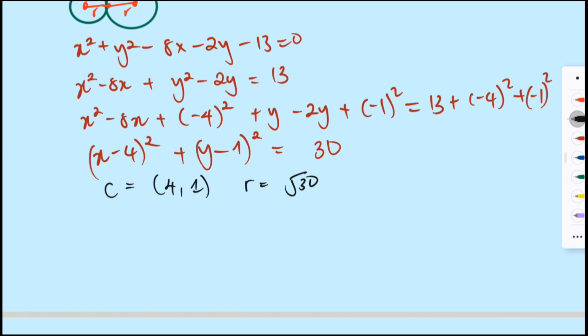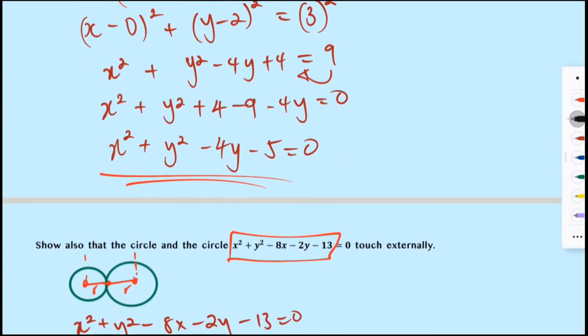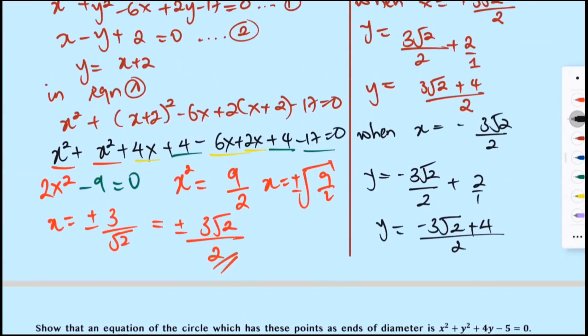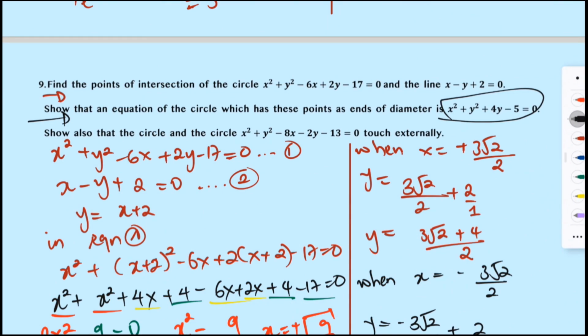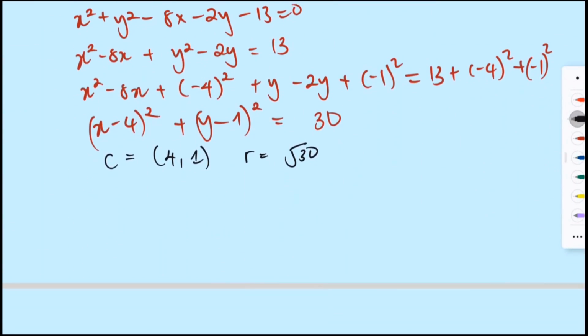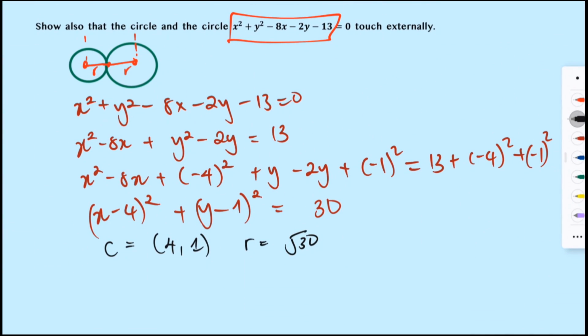So show that the circle and this one, which circle is it? It has to be the original one. We are going to start logically with the one given in the question, because that's how it goes. You go with the original. So we're going to try to find the center of the original one.